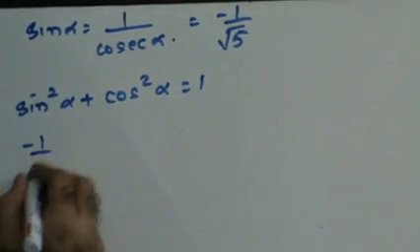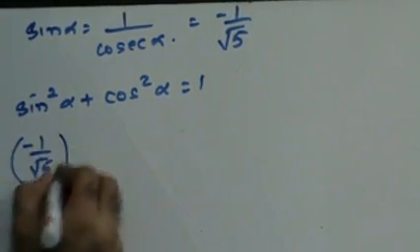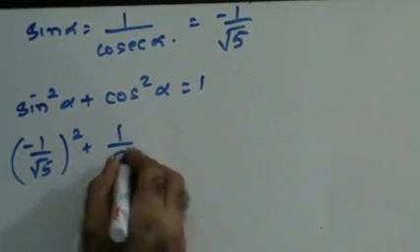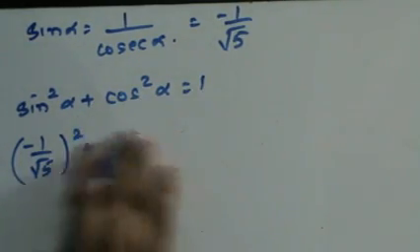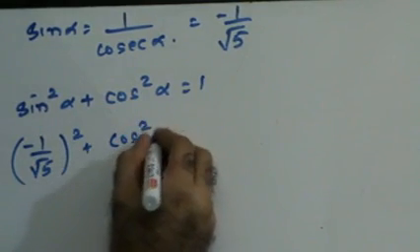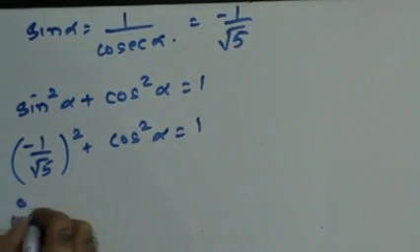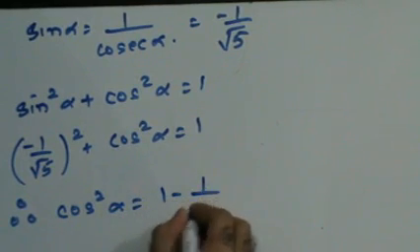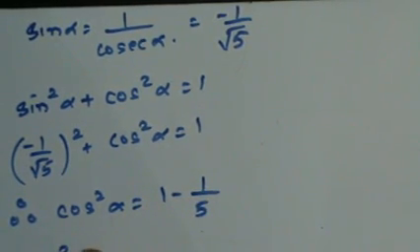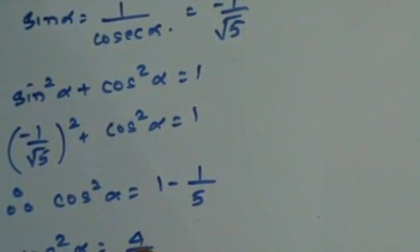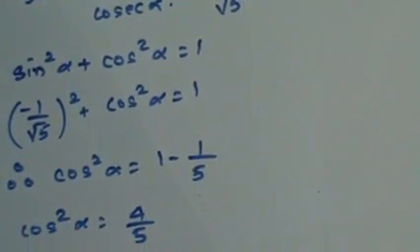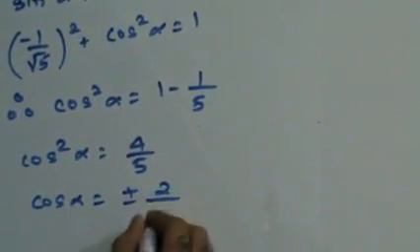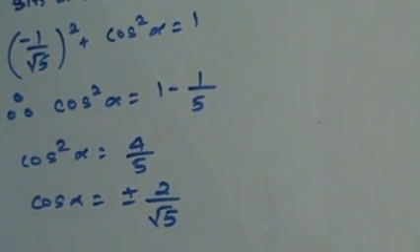That means minus 1 upon root 5 the whole square plus cos square alpha is equal to 1. Therefore, cos square alpha is 1 minus 1 upon 5, which is 5 minus 1, 4 upon 5. Cos alpha is plus minus 2 upon root 5.